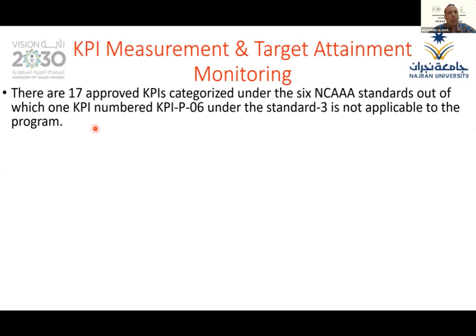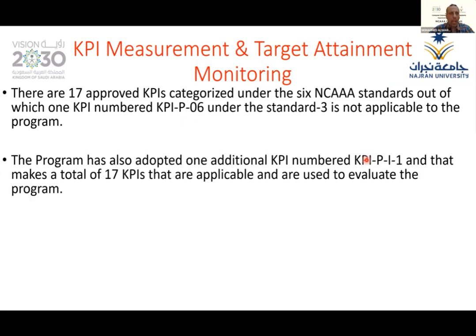It is about the professional exam, like the medicine college, which has this exam outside, with the health specialties commission. In our case, it's not applicable. Based on that, we added one additional program KPI in standard 2, related to community service.